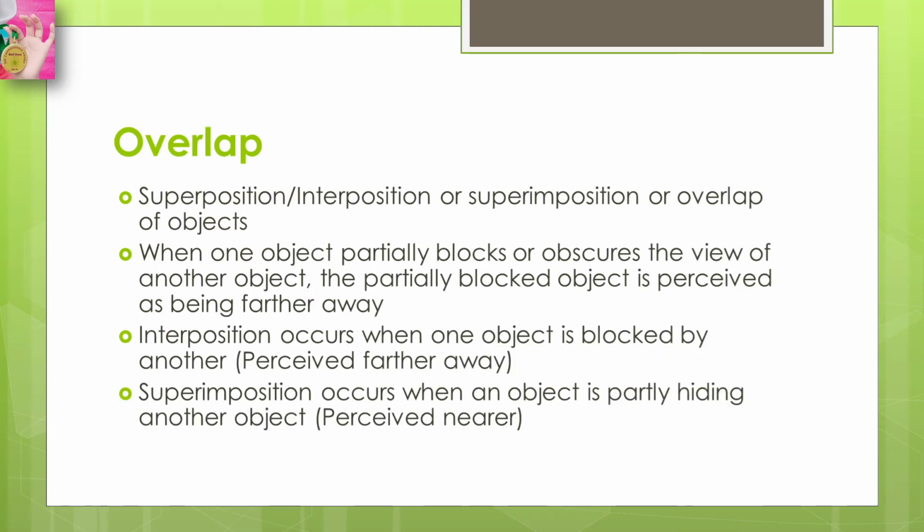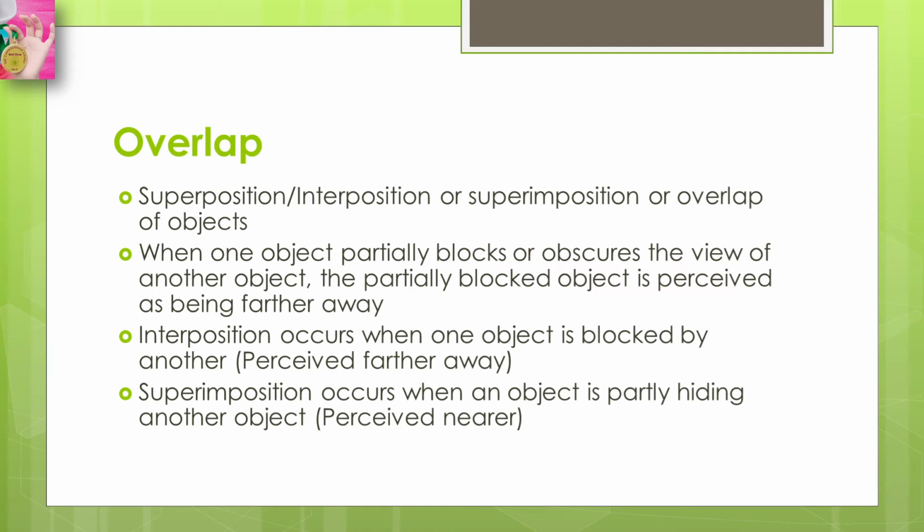The next topic is overlap. In some books you will read this as simple overlap of objects, and in some books you will read it as superposition, interposition, or superimposition. So the term may vary, but the lectures or the notes are the same.